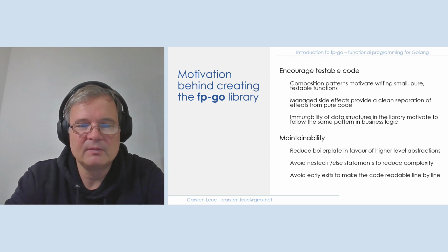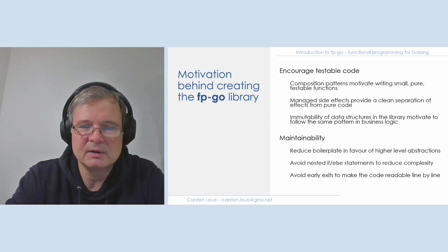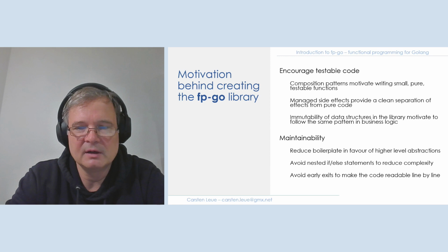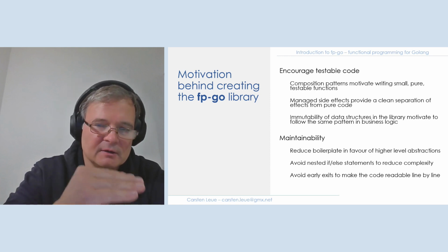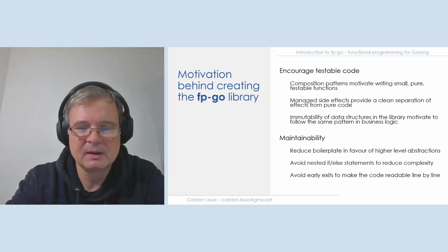Also, by having a rich set of composition functions, I believe we can reduce the boilerplate in our code, which leads to less mental complexity when trying to follow the code, because you basically can follow the code line by line.